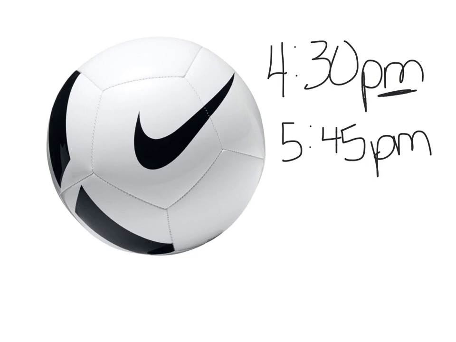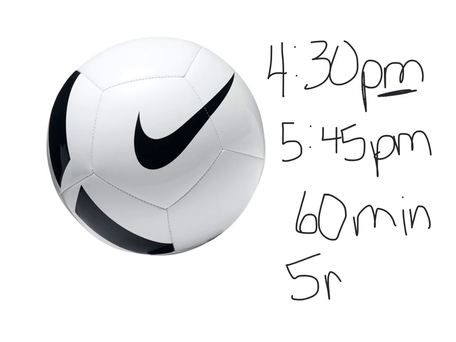So there's a couple of ways that we can do this. With time, we're set in a base 60 because there's 60 minutes in an hour. So an easy way to do that is to chop it up into 5-minute sections. Well, we start at 4:30, then we can count up by sets of 5. So 4:30, then we go to 4:35, 4:40, 4:45.